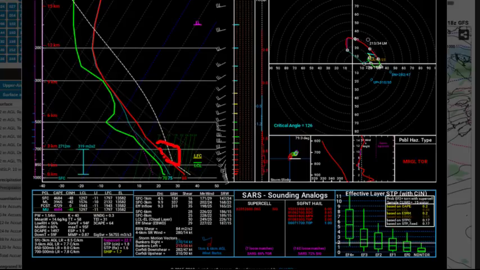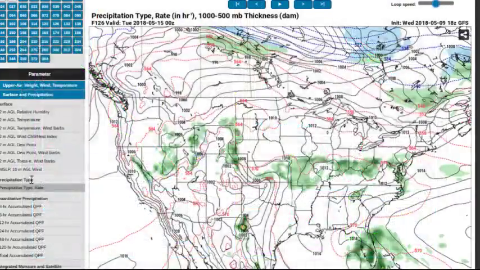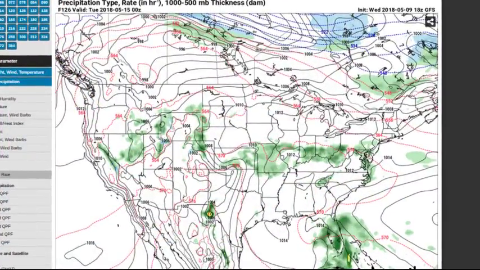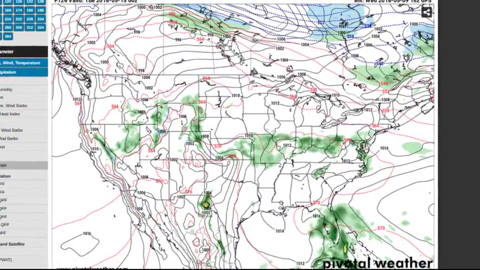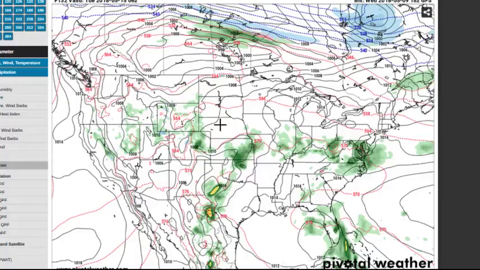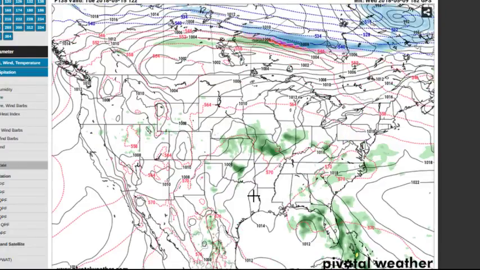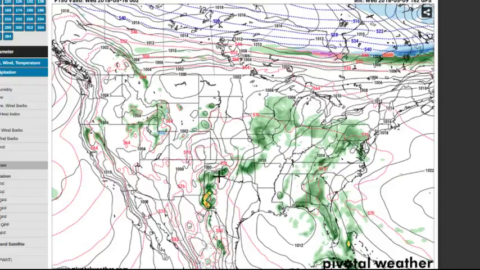Not much capping. I think there's going to be some severe weather. It may not be widespread, but I think it'll definitely be there with that kind of instability. Plus, it's May. And then for Tuesday, looks like a little bit of dry line activity, maybe with that erosion of the cap. So the dry line will probably be more important.